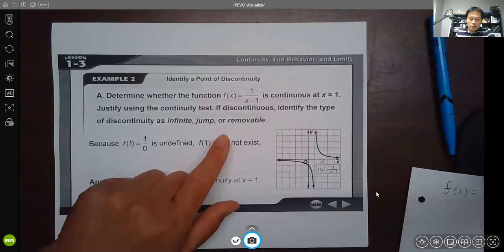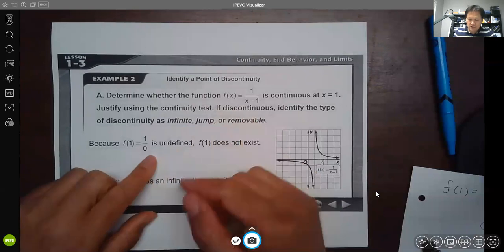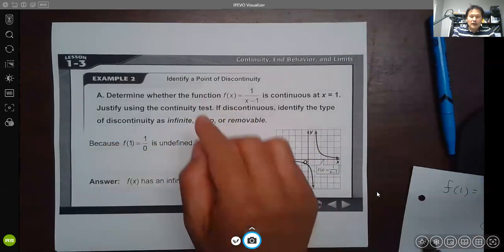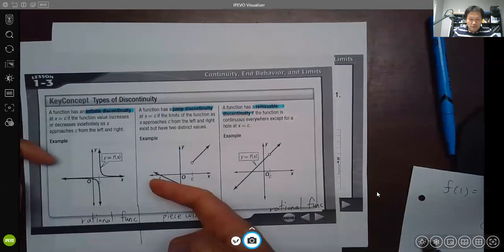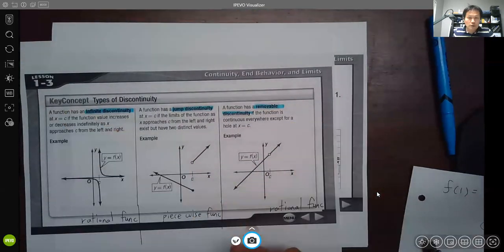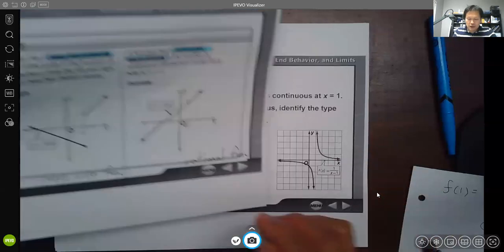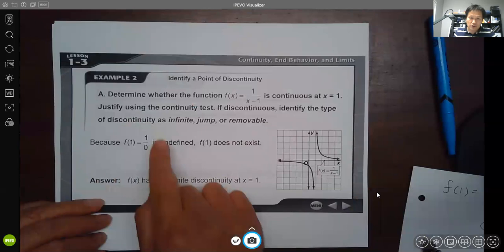But now, since it is discontinuous, you have to say what kind of discontinuity it is. So that's this question. Is it infinite? Is it removable? You already know it's infinite by looking at the graph, but how do we do that algebraically?